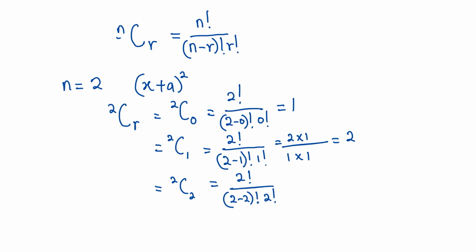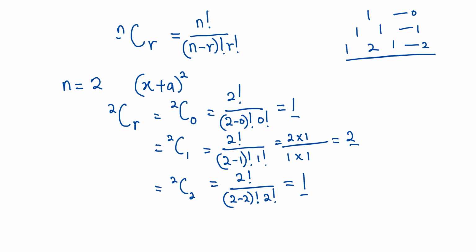Since we have 2 factorial divided by 2 factorial, our answer is 1. If you recall from the Pascal triangle, which I can just give you a refresher here, you can see that these coefficients correspond with these 1, 2, 1.